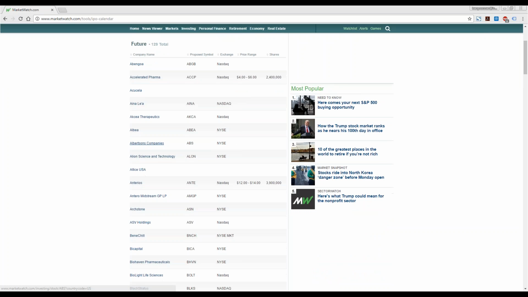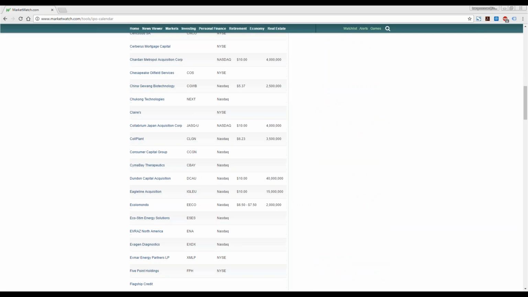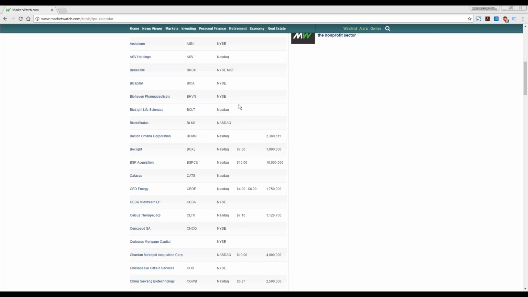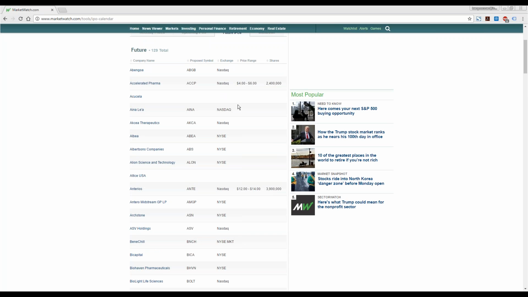We have future IPOs. Look at all these that are scheduled for coming up in the future. All of these are companies that we don't know about. They don't make the big headlines, but you can invest in them. We're looking at shares coming out at $10, $6.23, $5.37. All of these can be had through your broker.